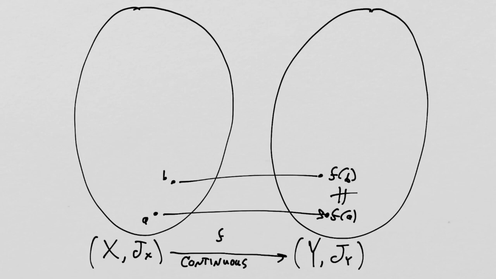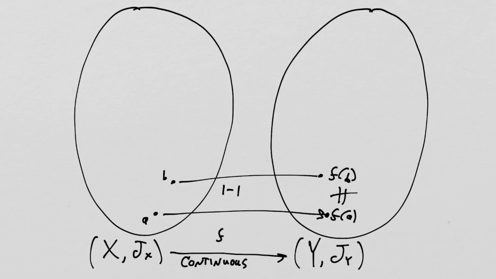In that case, we have a function that is one-to-one. Every point in the set X generates a unique point in the set Y. So you would never have a circumstance where B maps to the same point, so f of B would equal f of A. You don't have that circumstance. So you could talk about one-to-one functions without much trouble.